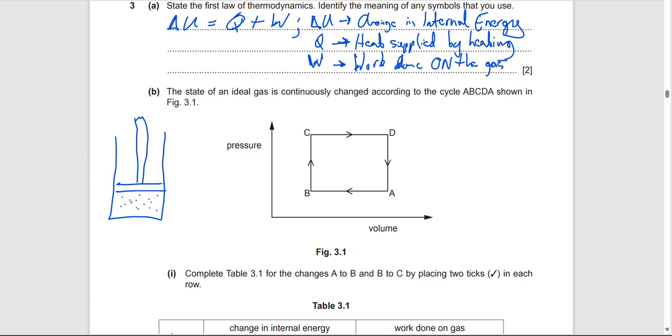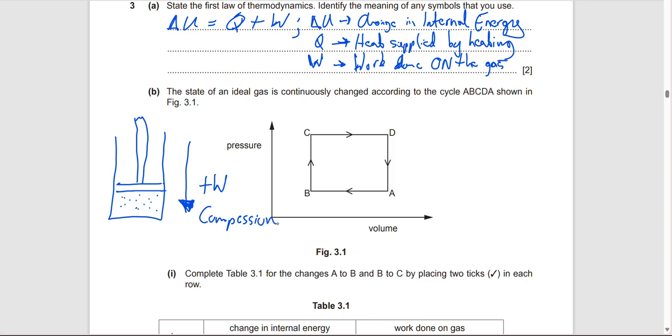Okay. So when you push the plunger down, you do work on the gas, right? So it's positive. So this is compressing.